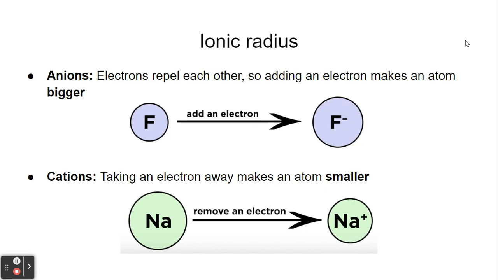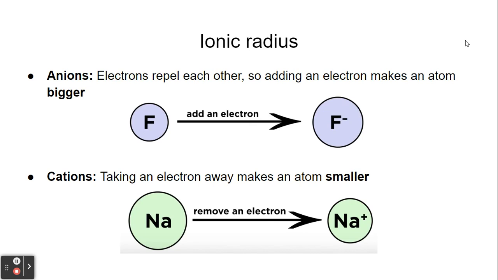Now, say we're comparing two ions that have the same number of electrons. We know that usually ions are made because they want the same electron configuration as a noble gas.